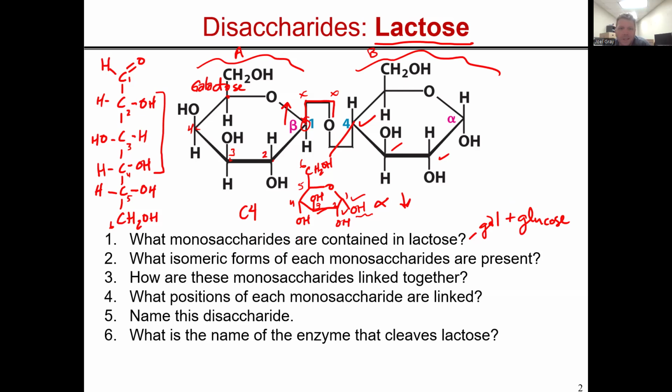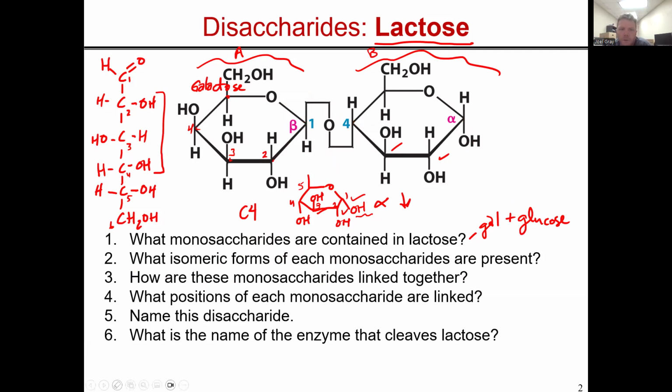So what isomers? Well, we've got a beta configuration and an alpha configuration of our sugars. They're both D sugars, so we're good there. Now, how are these monosaccharides linked together? Oh, this is a great question, and I'm going to clear most of my drawings.